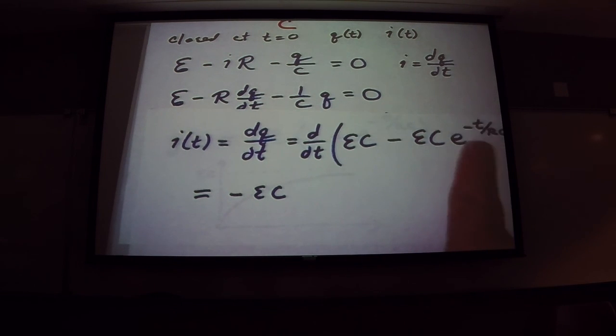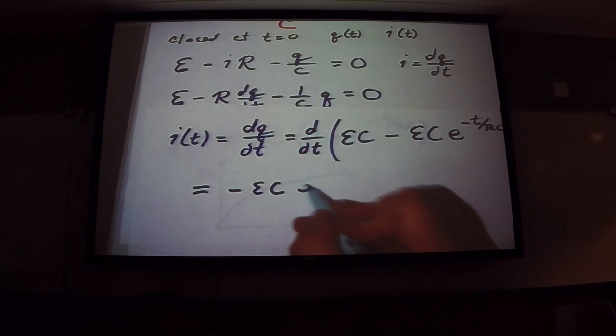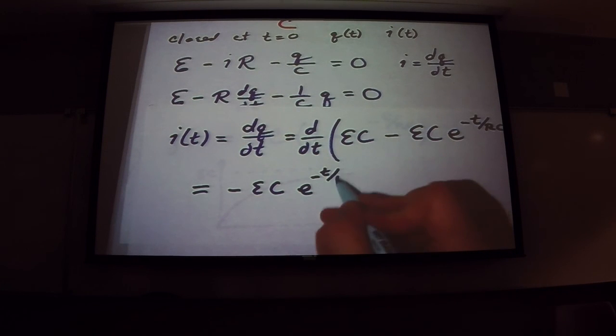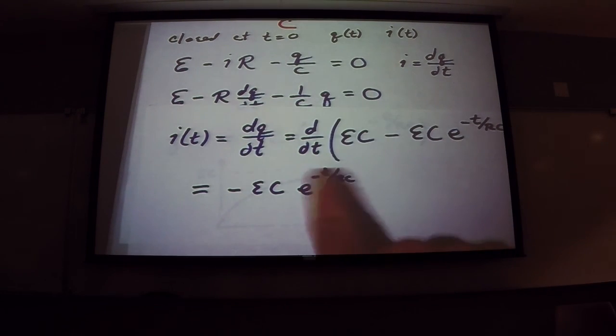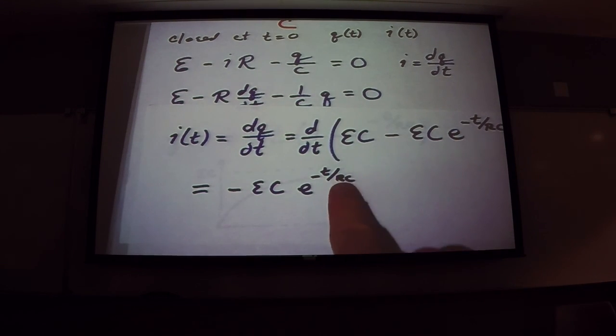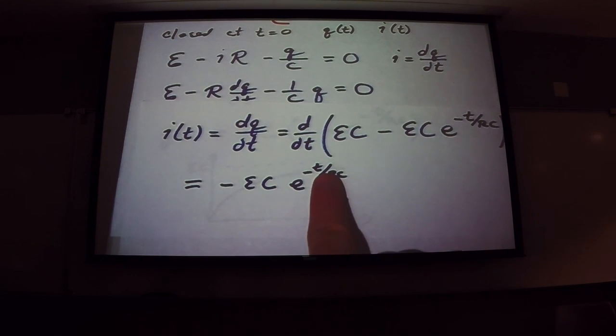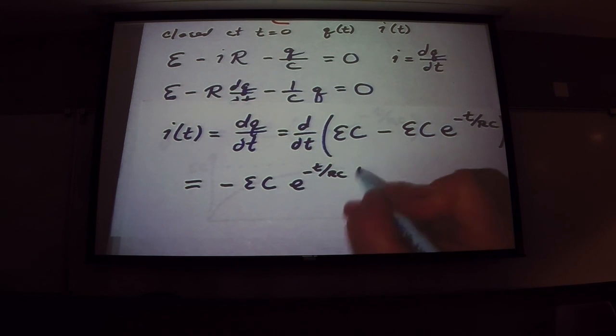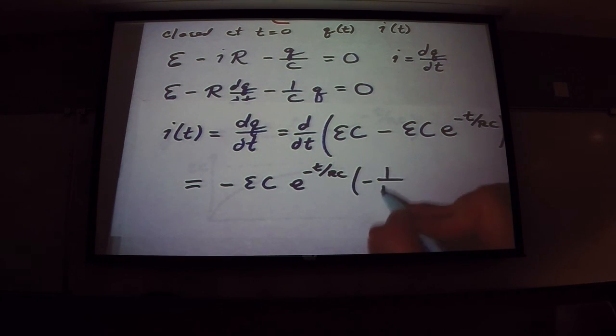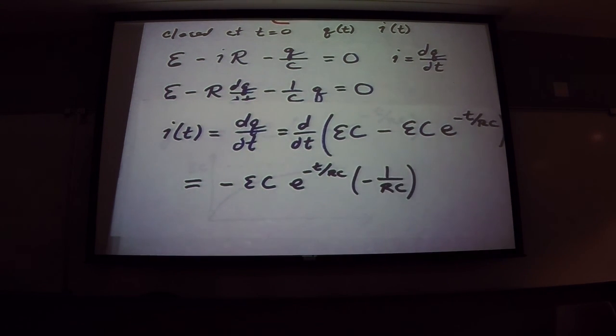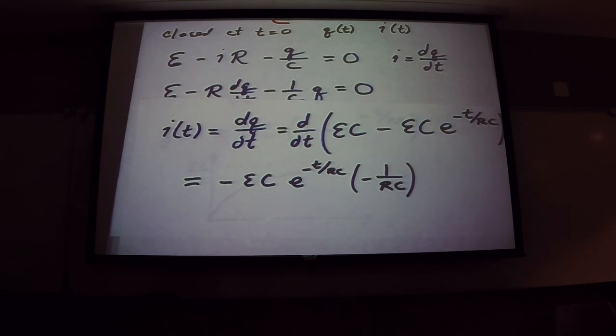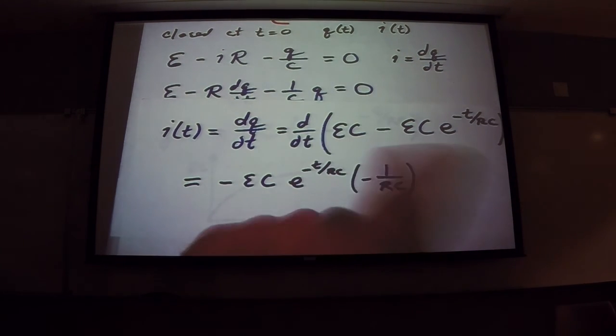So therefore, it is the exponential itself multiplied by the derivative of the exponent. The exponent is a single power of time, so just the coefficient comes down, so it's minus 1 over R times C. Why was the first EC 0? Oh, because the derivative of a constant is 0.